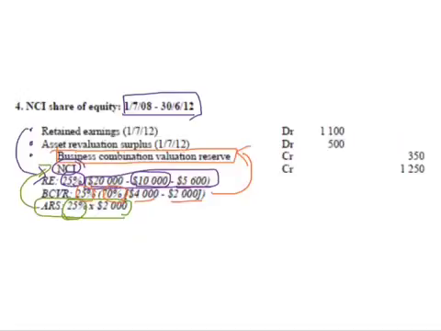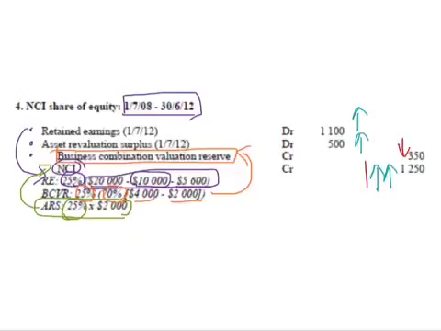Now, both the retained earnings and asset revaluation surplus were an increase in those balances. So therefore, we would expect an increase in the NCI along those lines. The BCVR was actually a decrease in that reserve balance.